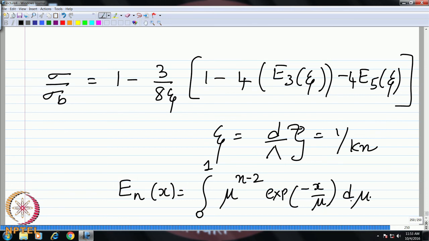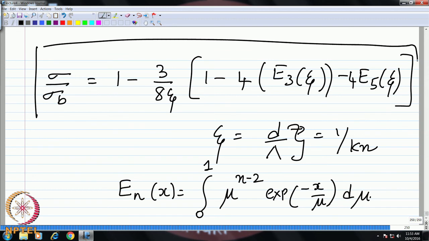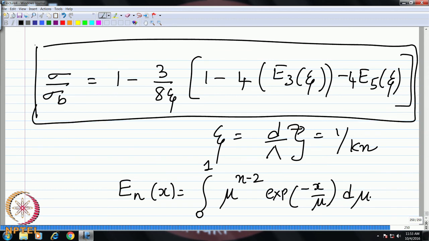So, I have to separately evaluate these E3 and E5 integrals, and then I get this resulting expression for the ratio of sigma by sigma b. So, this gives you the expression for the size effect in electrical conductivity for nanoscale transport.